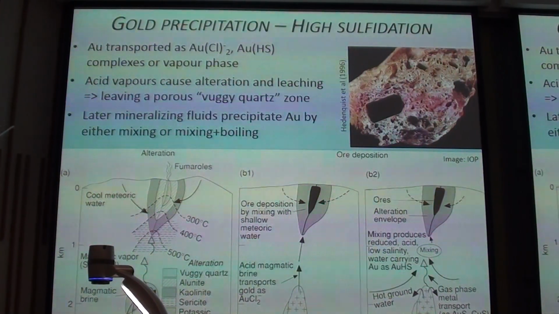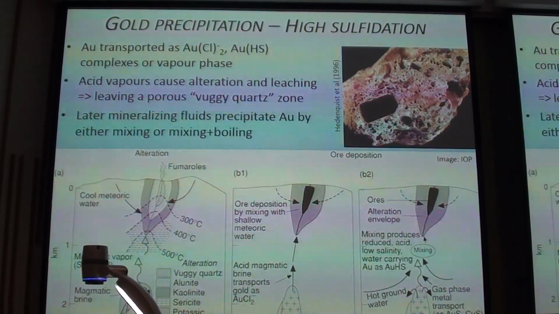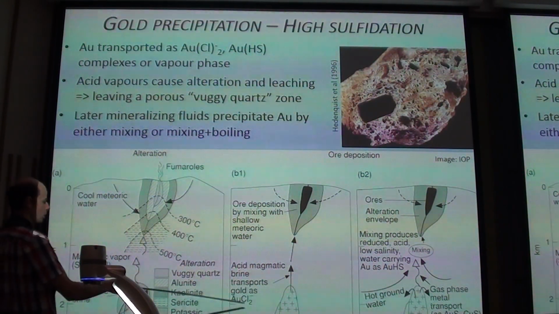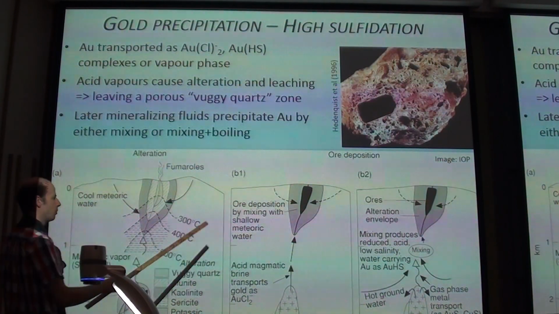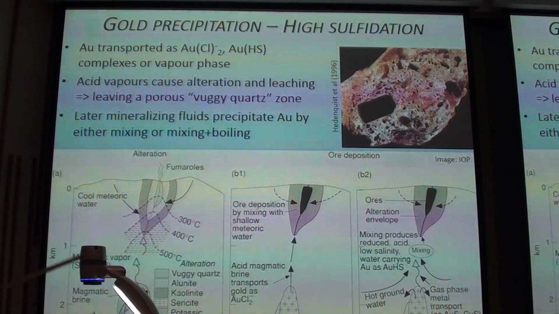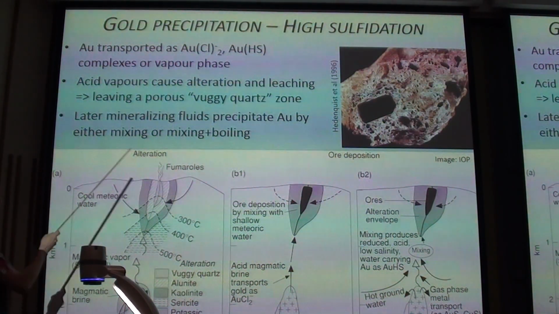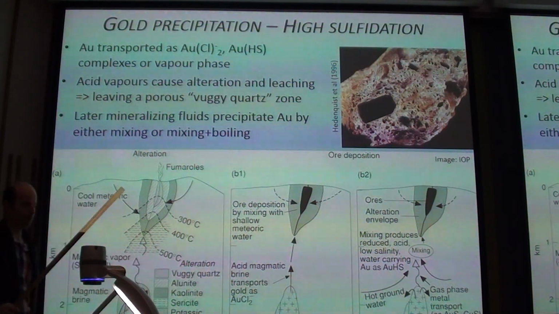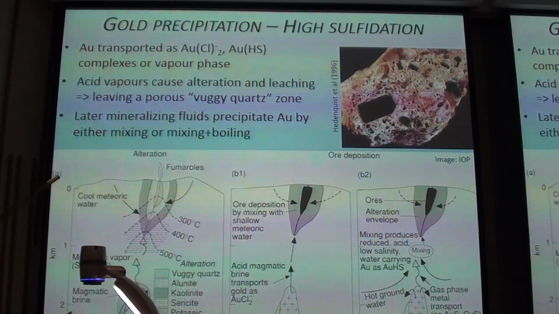And they leave a system that is porous and permeable, so later fluids transporting gold in complexes can basically migrate through this country rock and deposit the gold that we are interested in. And the deposition usually occurs either by mixing with shallow fluids or by mixing and boiling.